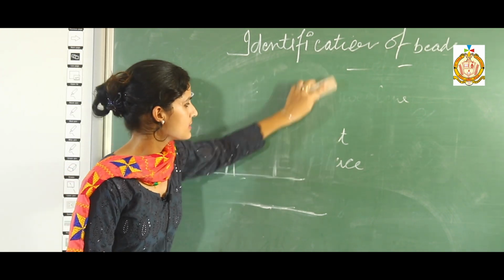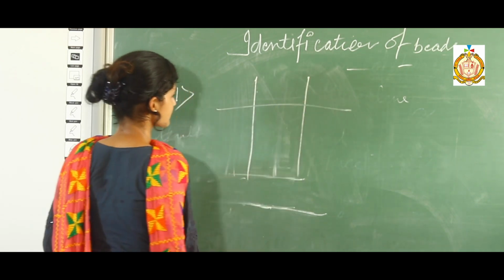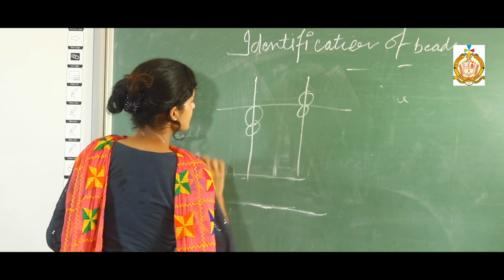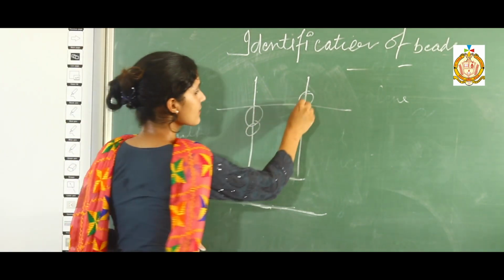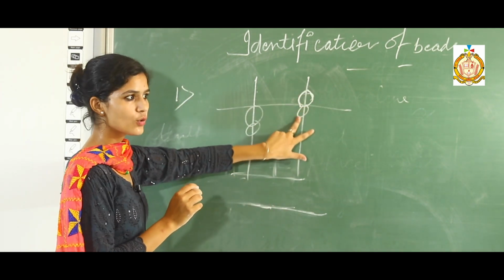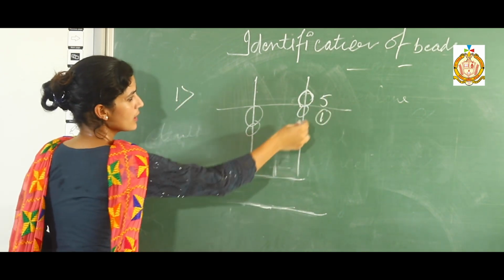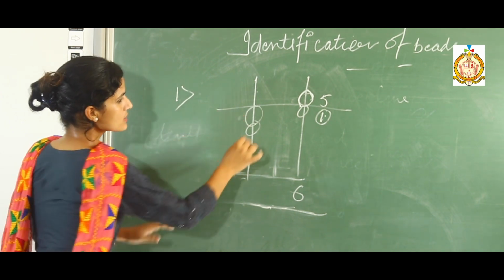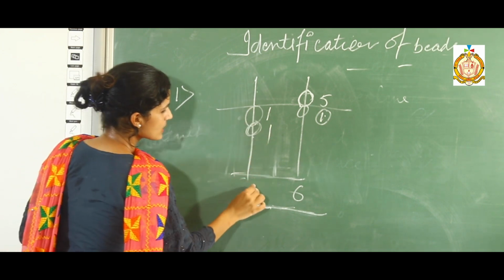Now one more sum is there. Now, what is the value of this upper bead? 5 and the lower bead. Then 5 and the lower bead value is 1. Then 5 plus 1 is 6. Now, the lower bead value is 1 and the second lower bead value is 1. So 1 plus 1 is 2.